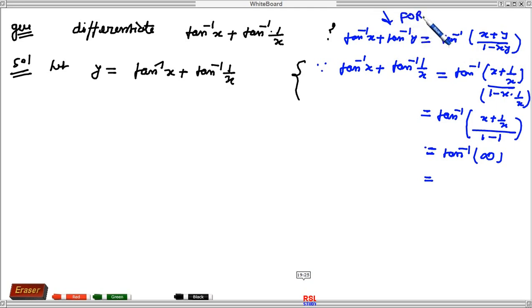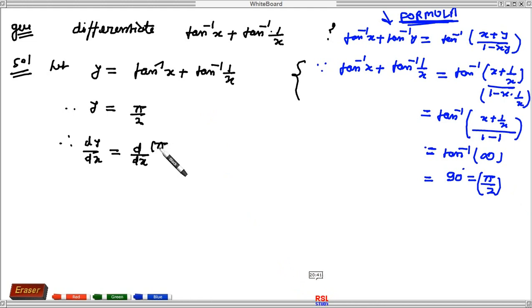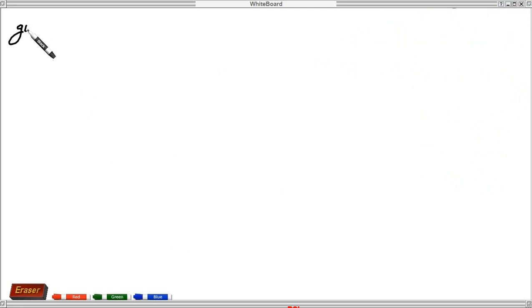So a very important formula. That is tan inverse infinity, which is 90 degrees, and hence pi by 2. So we will write here pi by 2 and differentiate y equal to pi by 2. That will definitely be 0. So that is the final answer. Now moving to the next question.